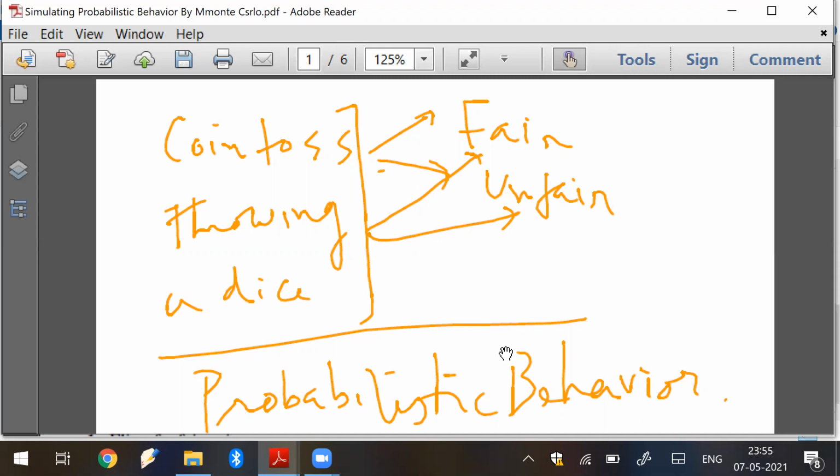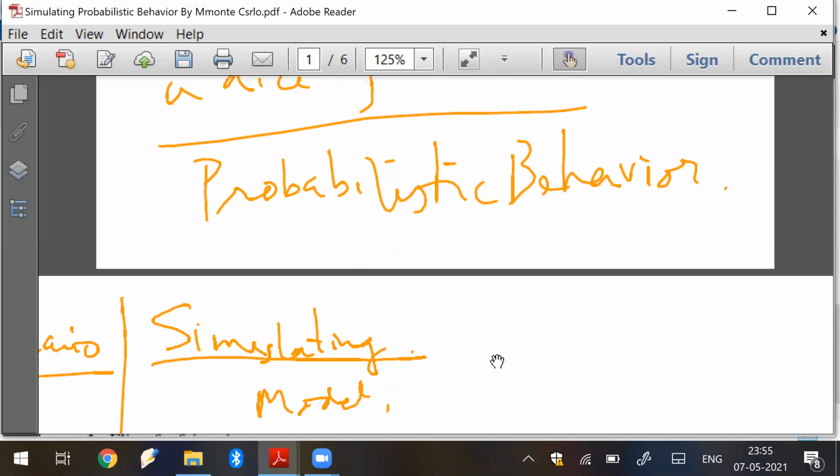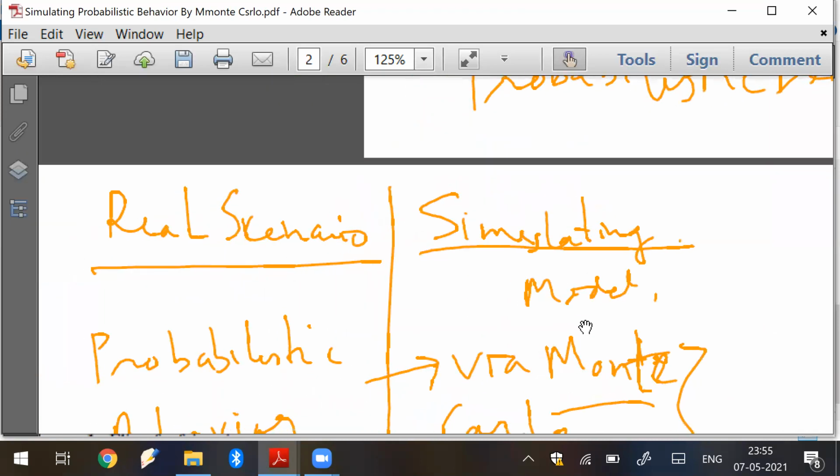Now, what is our task here? Suppose this is a real life situation which is occurring. Suppose you are tossing a coin, you are getting some behavior which is probabilistic, that means you are getting outputs which are probabilistic. What we are trying to do is simulate the same behavior by designing an algorithm. As we are dealing with probabilistic behavior, it will be better to use the Monte Carlo method.